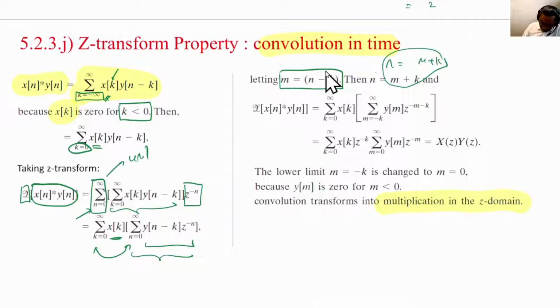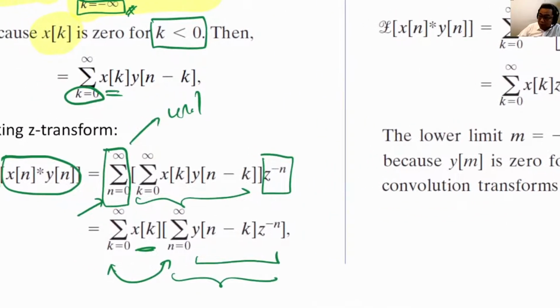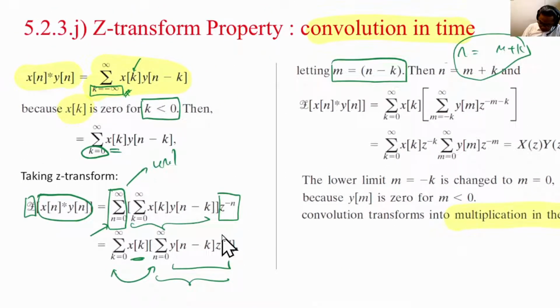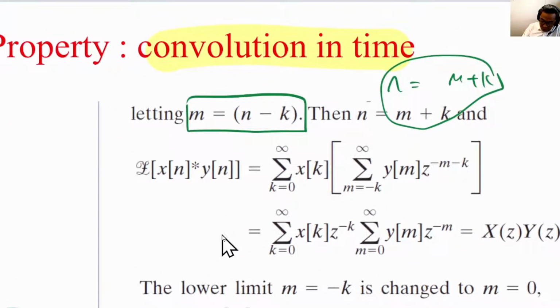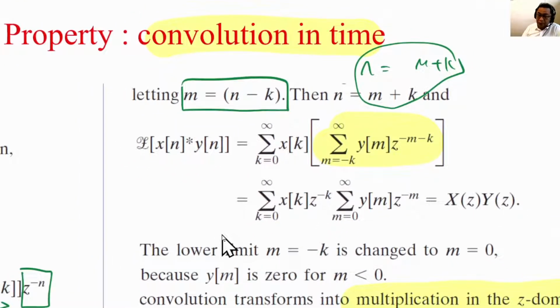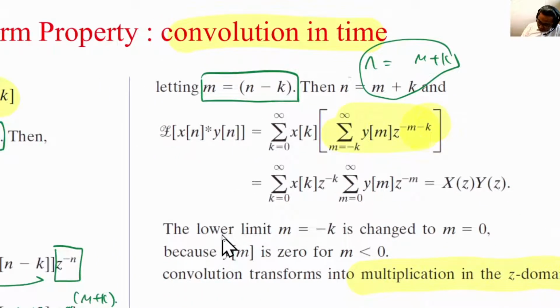We change this expression of n minus k to become m, and n becomes m plus k. So we have an equation that almost looks like the Z-transform of the sequence y[m]. All we need to do is break this unnecessary z to the minus k out and bring it to the other side.